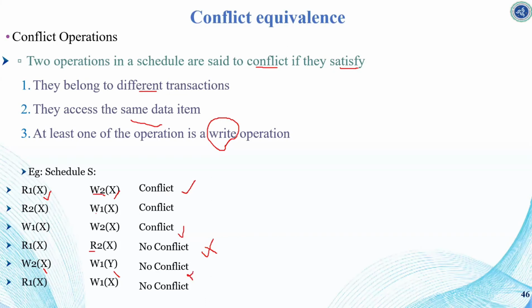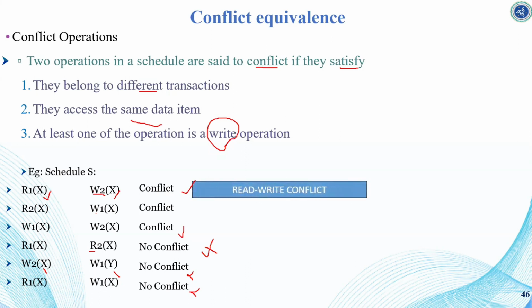After finding out the conflicts, there are different types of conflict. If one is a read and the next one is a write operation, then we can say it is a read-write conflict.